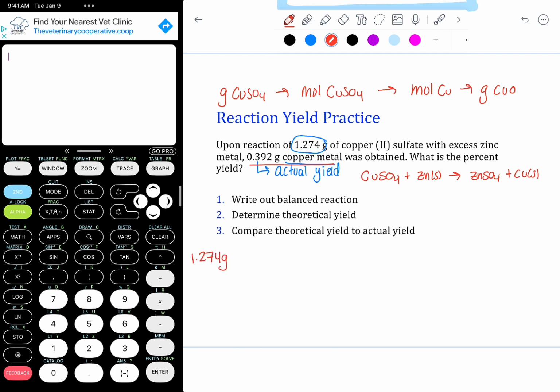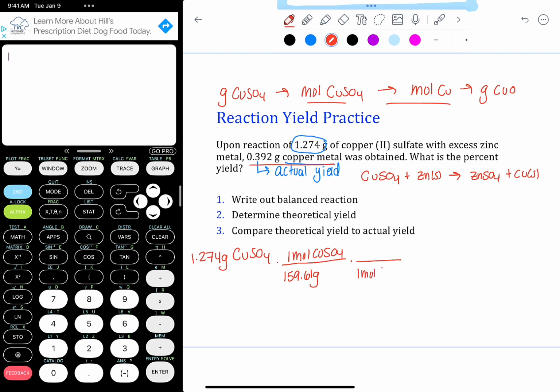1.274 grams of copper sulfate. We're going to divide by our molar mass, which is 159.61 grams for 1 mole of copper sulfate. Now that we have moles of copper sulfate, we can convert it to moles of copper in a 1-to-1 ratio, so that's 1 mole of copper sulfate for every 1 mole of copper solid.